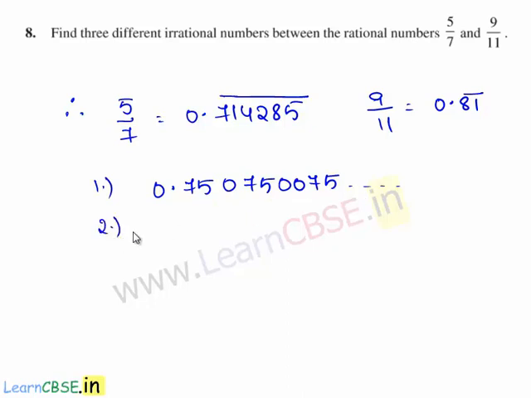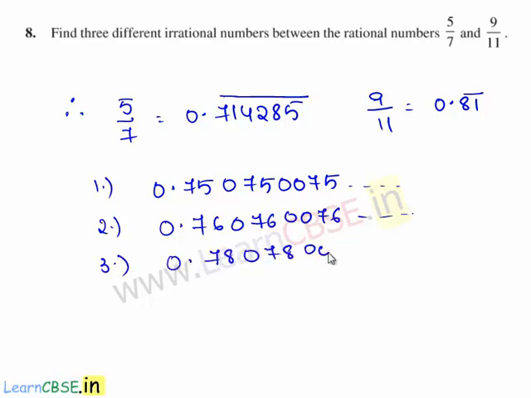So we can consider another example for the irrational number between the given two rational numbers, that is 0.76, 076, 0076 and so on. And the third irrational number can be 0.78, 078, 0078 and so on. Hence these three can be the three different irrational numbers between the given rational numbers 5 by 7 and 9 by 11.